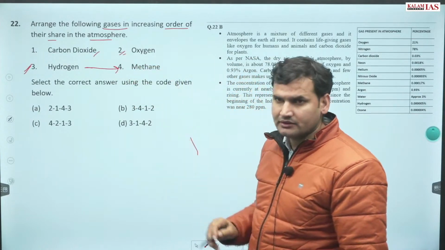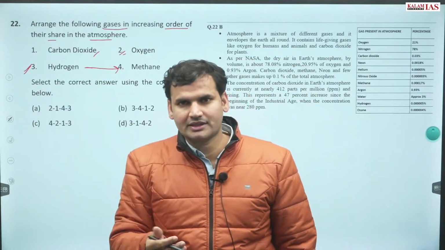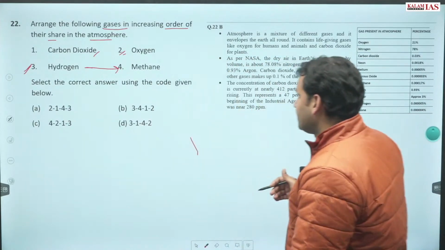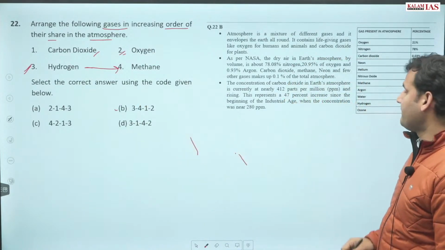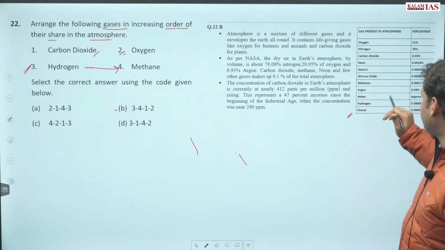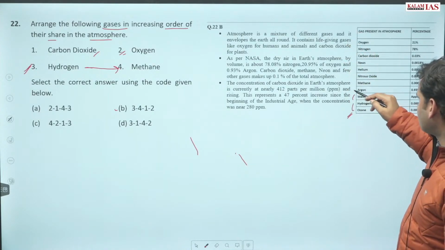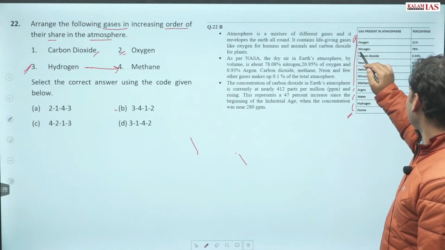Carbon dioxide, and all of us are aware of oxygen; more than oxygen, obviously nitrogen is there. So this is a basic question. Correct answer is option. You can have a look over here. Ozone, hydrogen, water, argon. This you should be properly aware of.